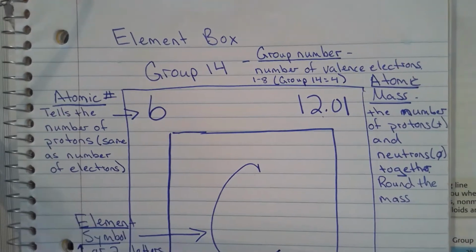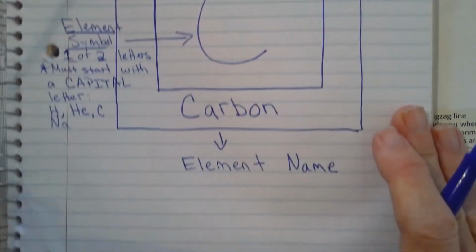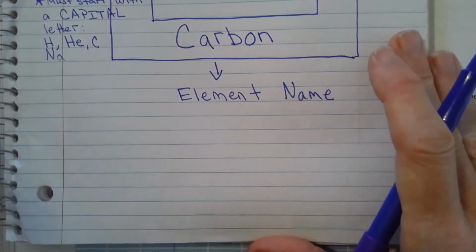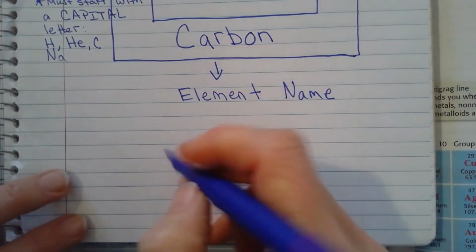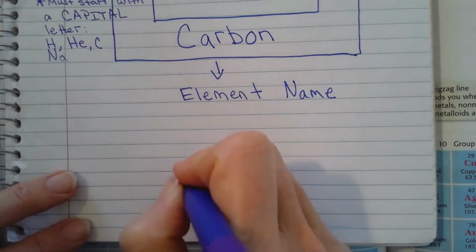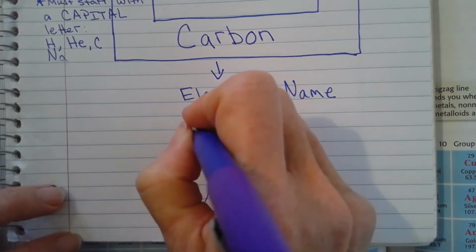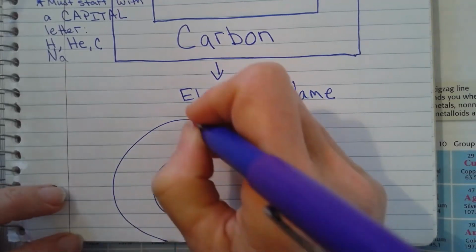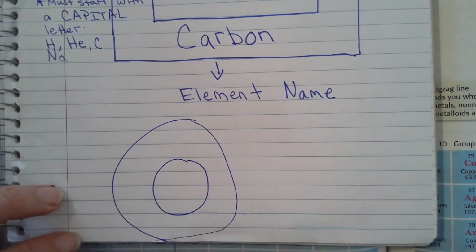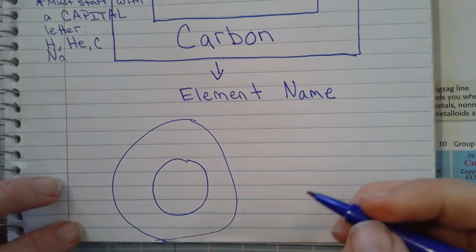Okay, so let's say that we wanted to draw a carbon model. When we make our models, we're going to do an inside circle, which is our nucleus, and an outside circle. A little lopsided.